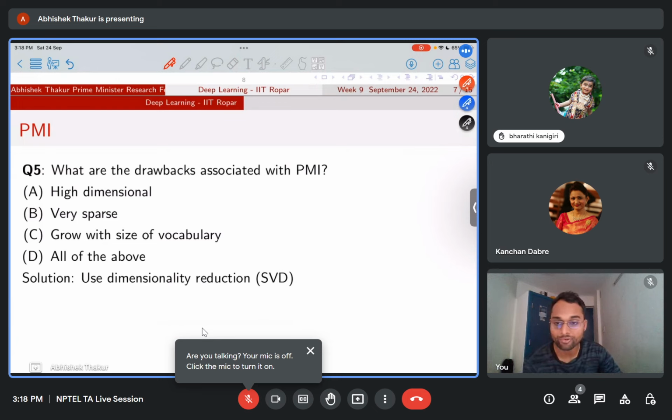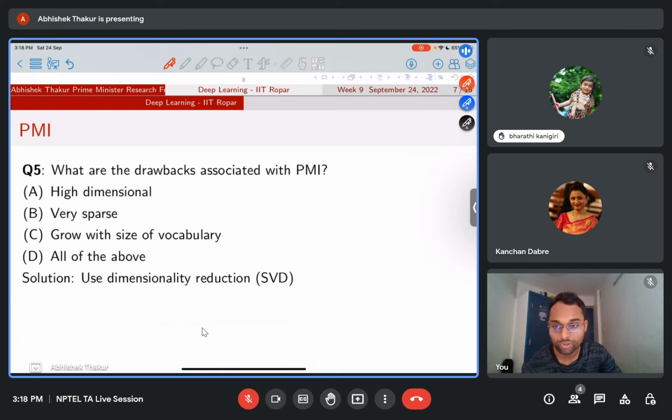So we have to reduce the dimension for computation. In the Google dataset, you have seen that there are 13 million words, so the vector size will be 13 million. So it has a very high dimension and it is also very sparse. And when the vocabulary size increases, the dimension of the PMI also increases. So all these three are the drawbacks of PMI.